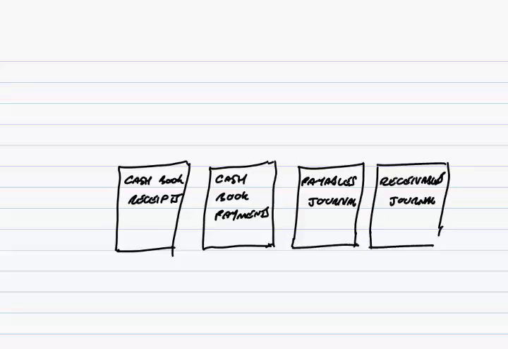Every transaction had to be recorded in one of those 4 books, but they are not part of the double entry. No debits, no credits. And we call them the books of original or first or prime entry.